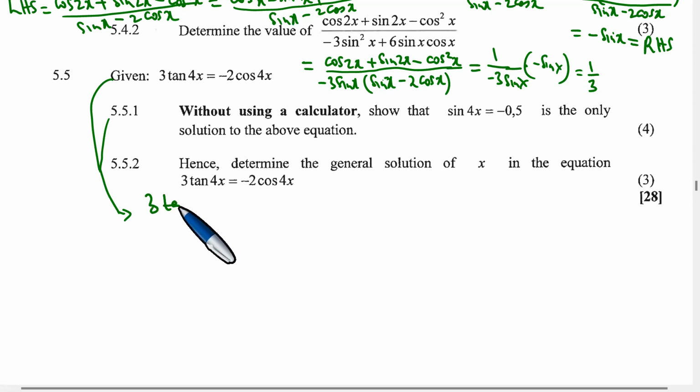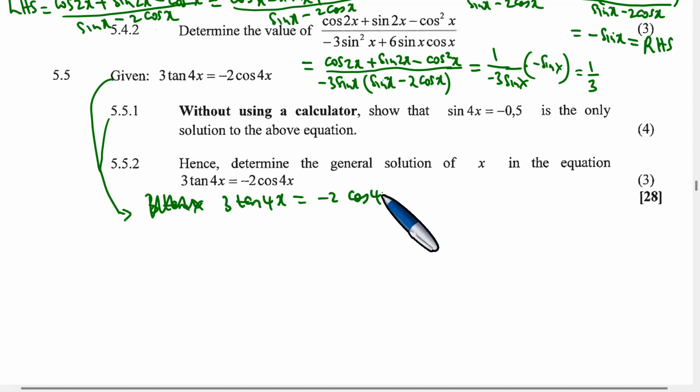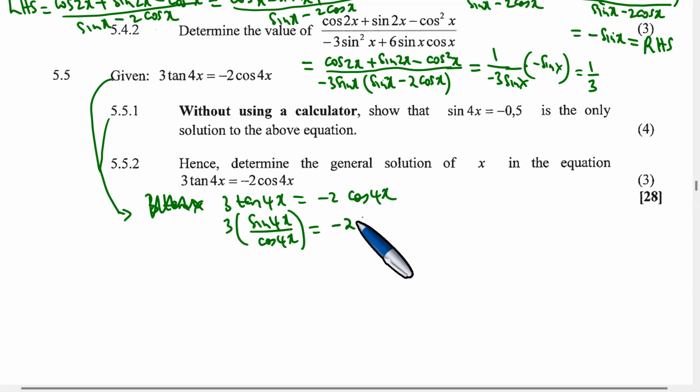We focus on tan 4x, which is minus 2 cosine 4x, which is 3 into the sine of 4x divided by cosine 4x, which is minus 2 cosine 4x.